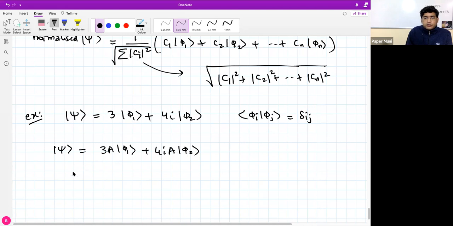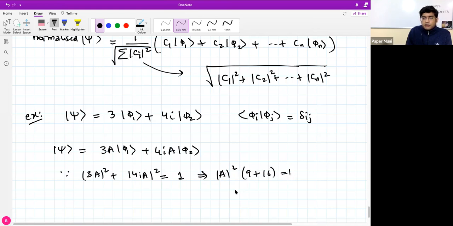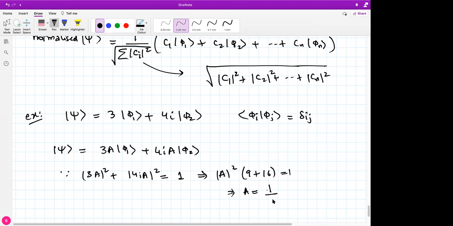Now if we write down the normalization condition, it becomes |3a|² + |4ia|² = 1. If you solve this, you get |a|² (9 + 16) = 1, so 9 + 16 is 25, and a becomes 1/5.